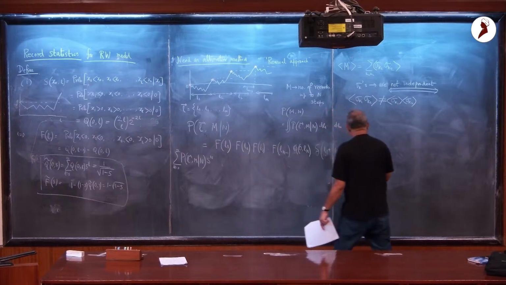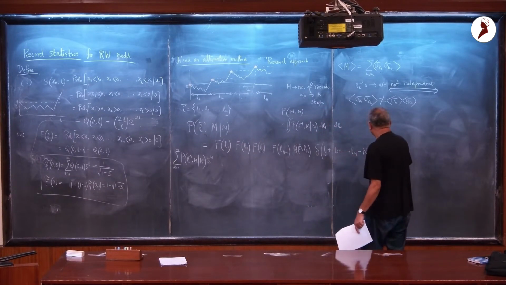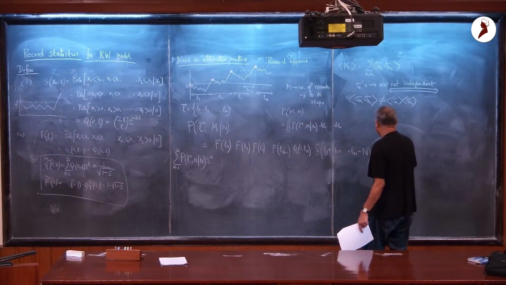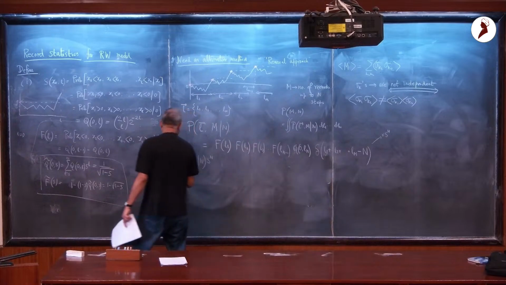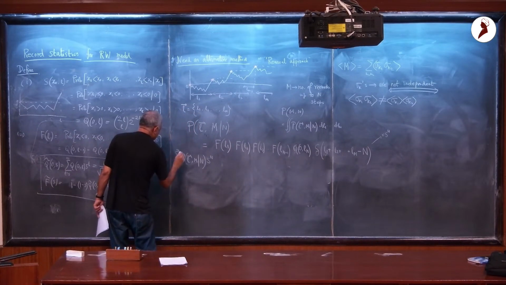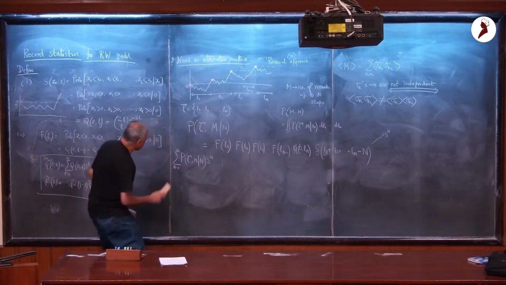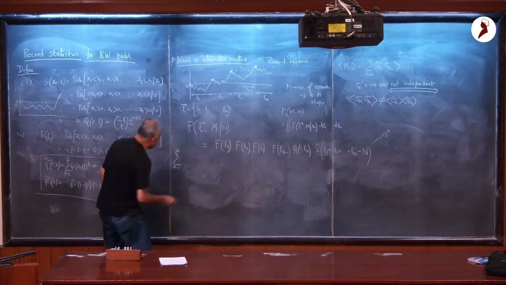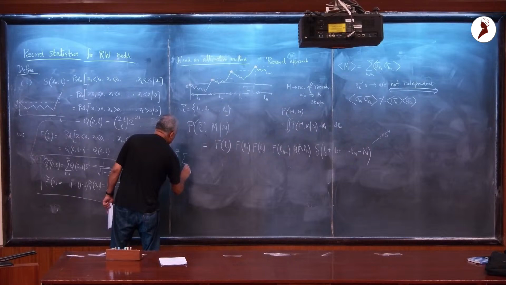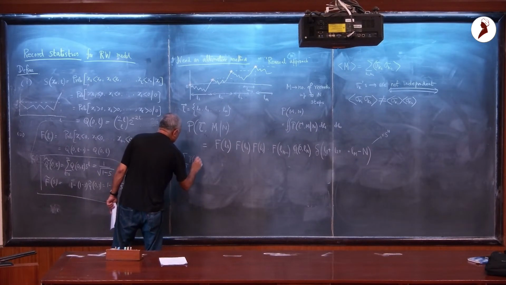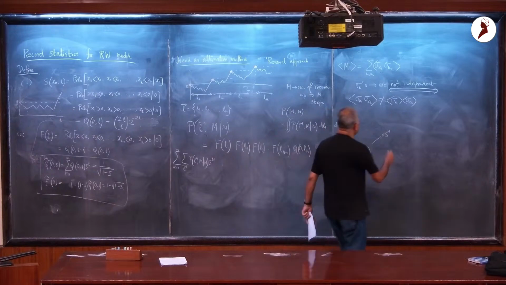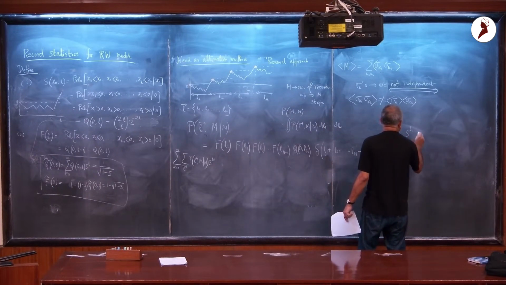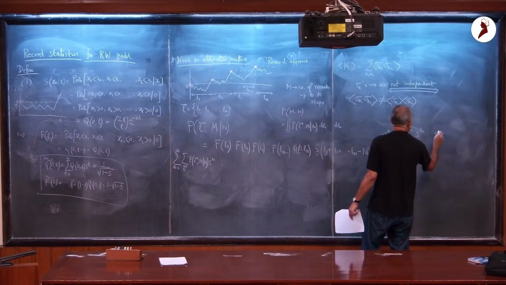I multiply this by s to the power n, and then sum over all L. When you multiply by s to the power n, it becomes s to the power L1, s to the power L2, up to s to the power Lm.